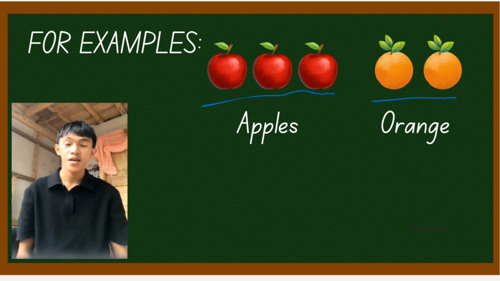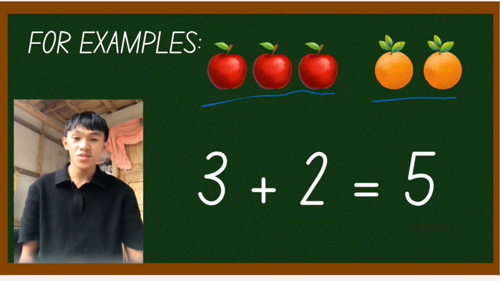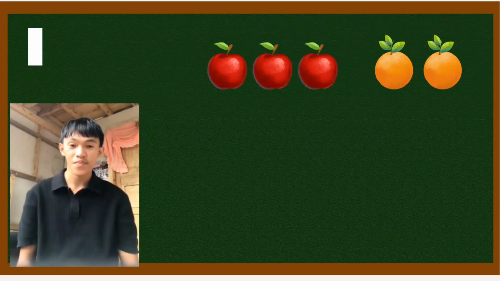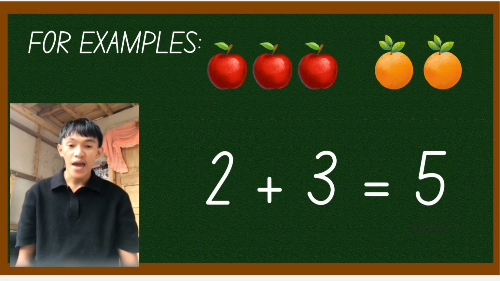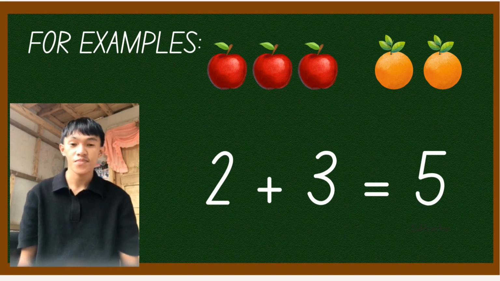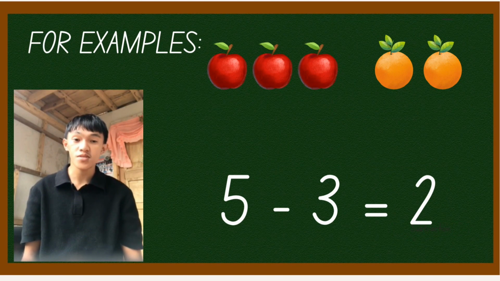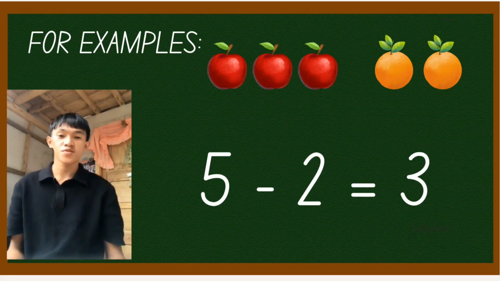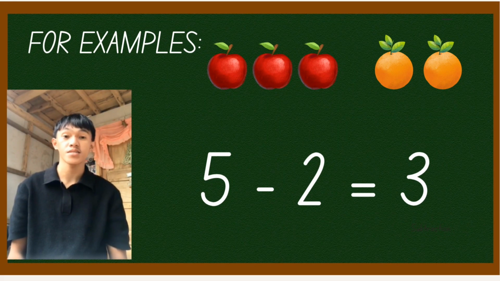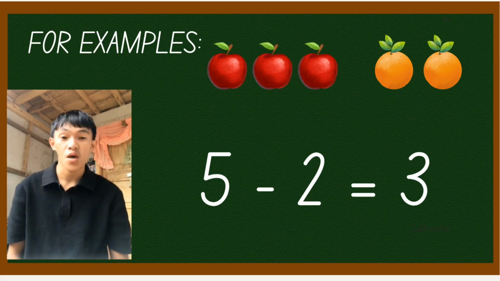Just for example, 3 apples and 2 oranges is 5. 3 plus 2 is equals to 5. 2 oranges and 3 apples is 5. 5 groups of fruits takes 3 is 2. 5 minus 3 is equals to 2. 5 groups of fruit takes 2 is 3. 5 minus 2 is equals to 3. So this is the example of number sentence because we see the numbers, symbols, and an answer.